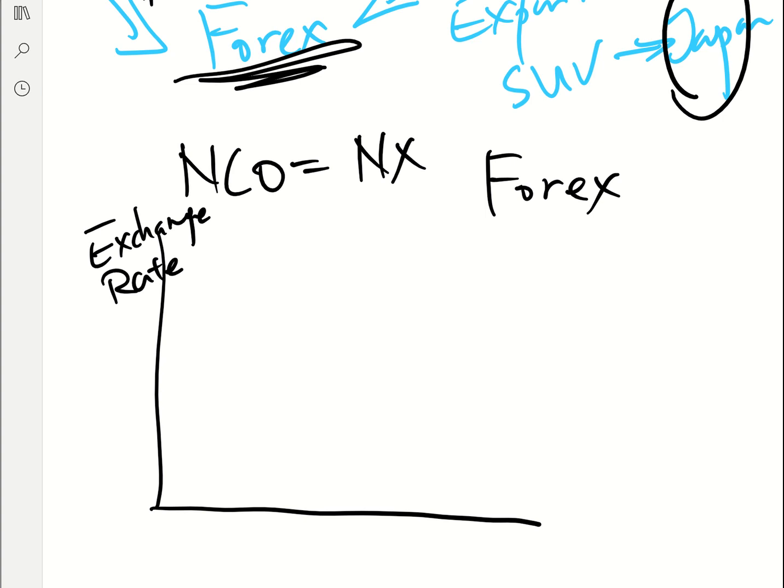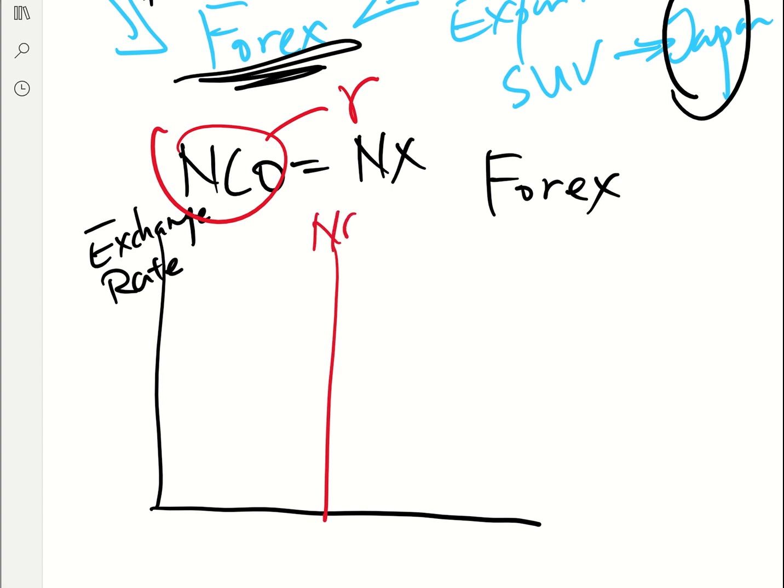So when you draw the supply curve here, supply again is our NCO. Now NCO is only influenced by the real interest rate, not by the exchange rate. So the NCO will be independent of our exchange rate. So NCO will be a vertical line going up like this, and that's our NCO, which is the supply curve. Now for the demand curve for net export, this is just like any other demand curve.